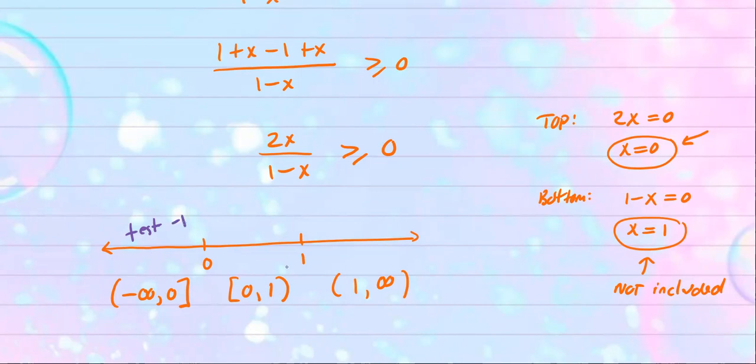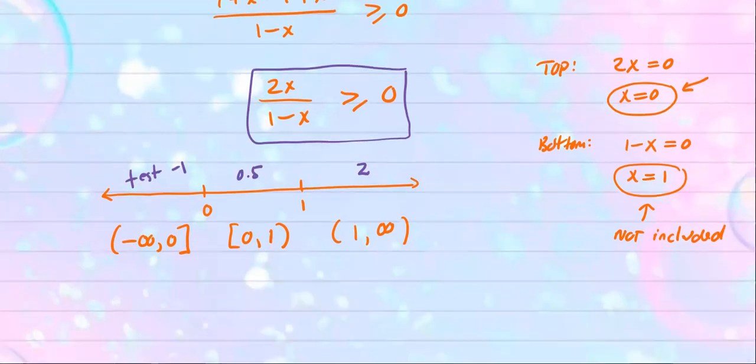From 0 to 1, we can test 0.5. And then from 1 to infinity, we can do 2. 2 is fine. So those are the test values. We're going to plug those into this expression because it's simpler.